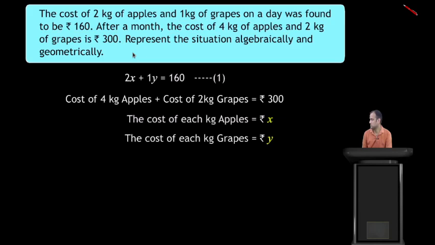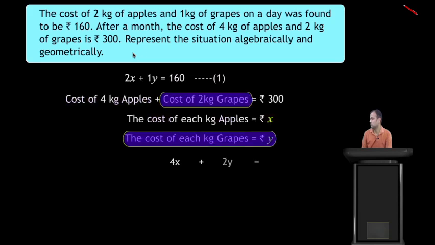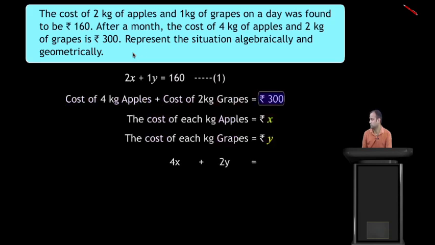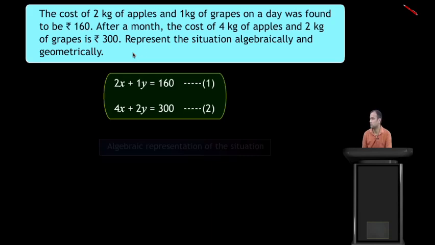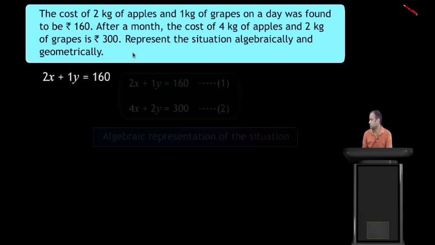It is 4x plus 2y equals 300. So now we have two equations, 2x plus y equals 160 and 4x plus 2y equals 300. So this is the algebraic representation.